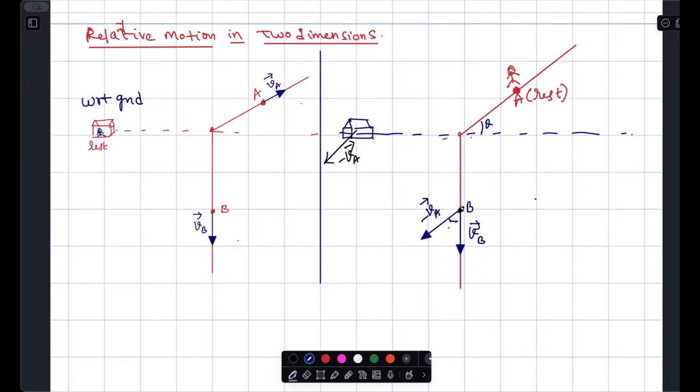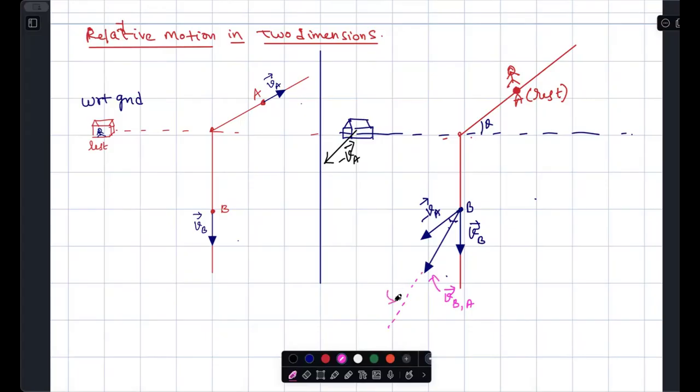Now what is going to happen is, this vector will represent the velocity of B with respect to A. In fact, A sees that B is actually moving in this direction.